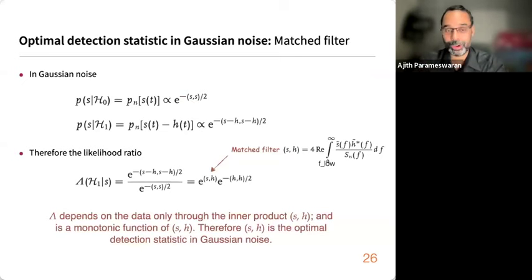The inner product is, in the time domain, a cross-correlation function, because there is a theorem in Fourier analysis that shows that the Fourier transform of the cross-correlation is this inner product that we defined earlier. In summary, if you have a known signal buried in stationary Gaussian noise, you can compute the likelihood ratio based on this inner product between data and signal, which is called the matched filter.